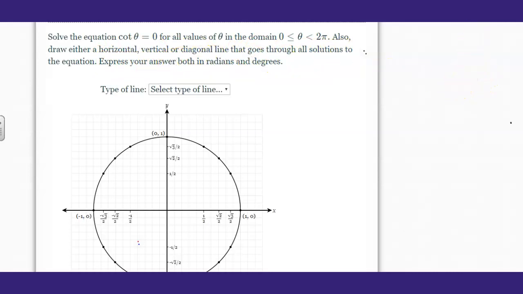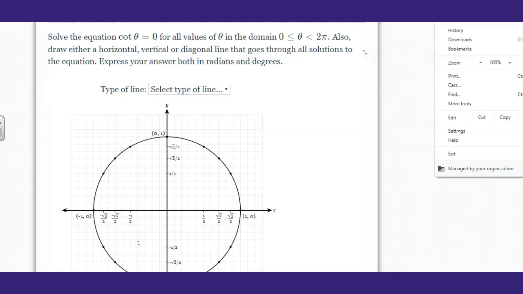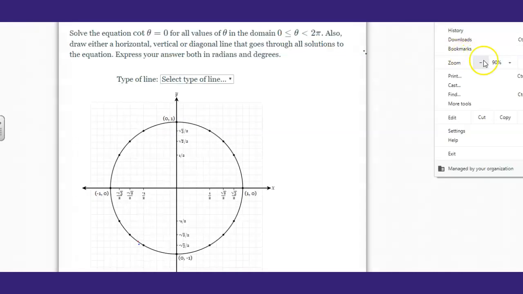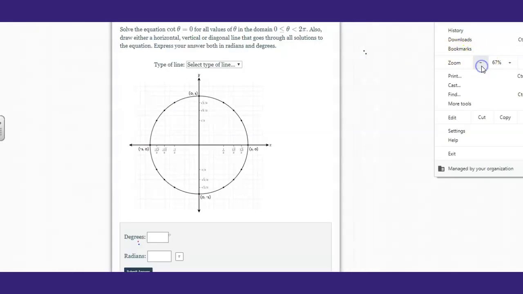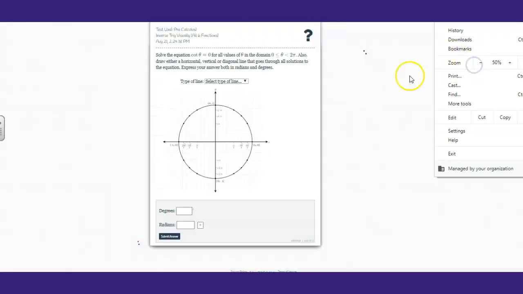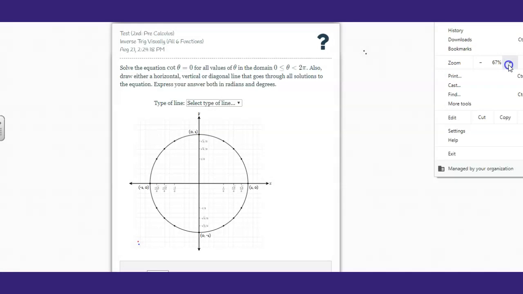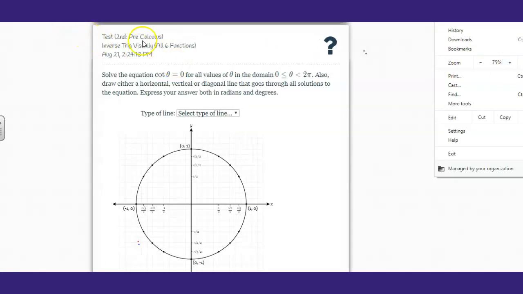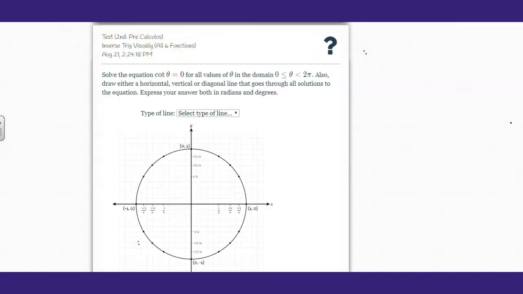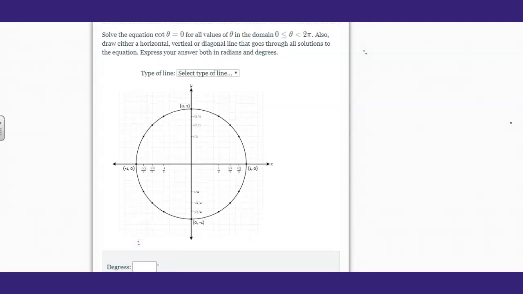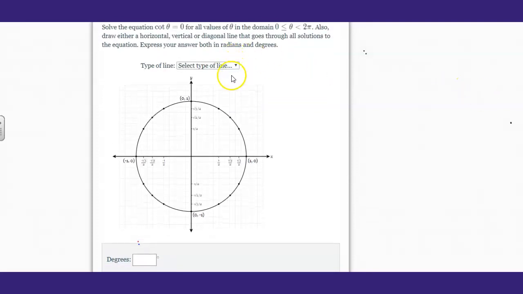Let me zoom in a little bit. First of all, where does cotangent equal 0?